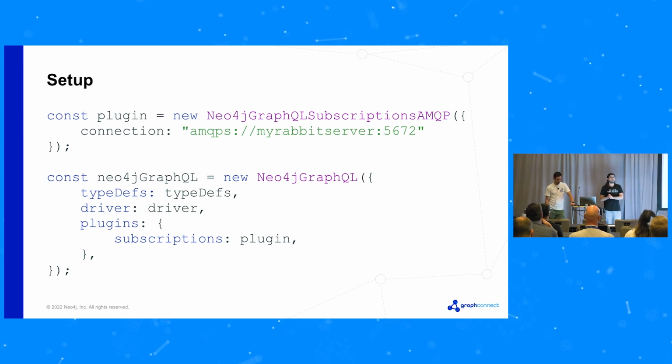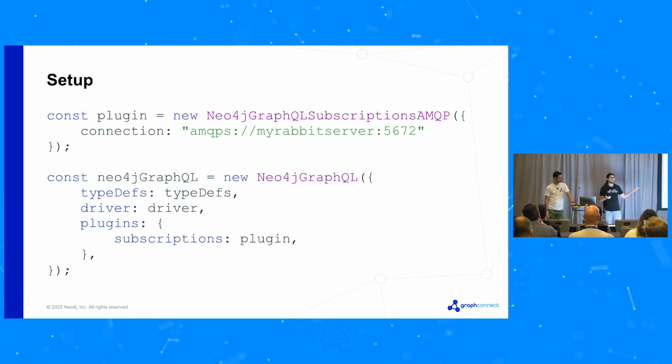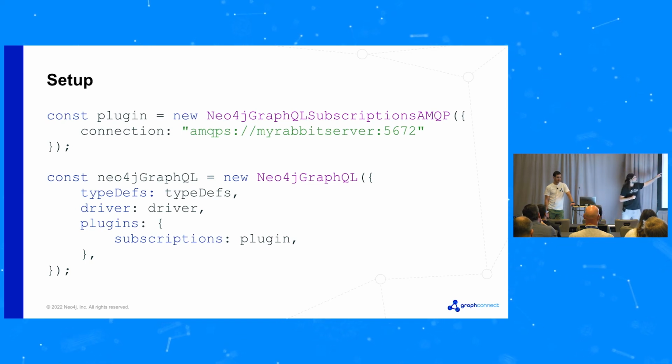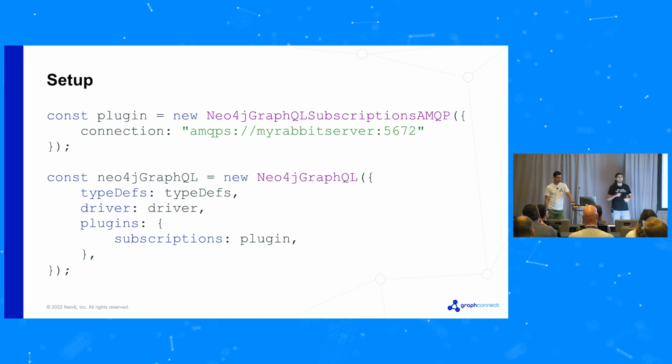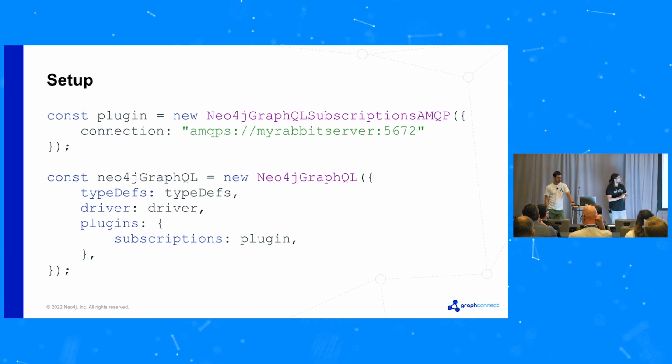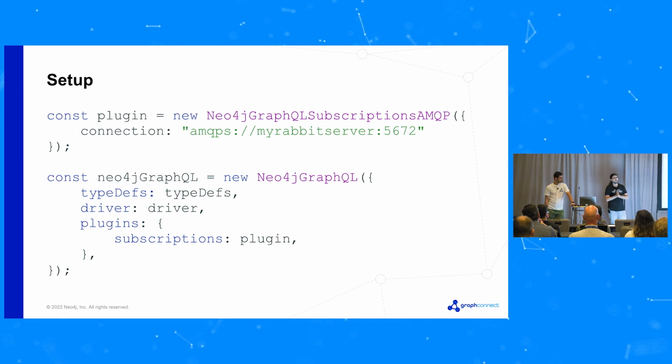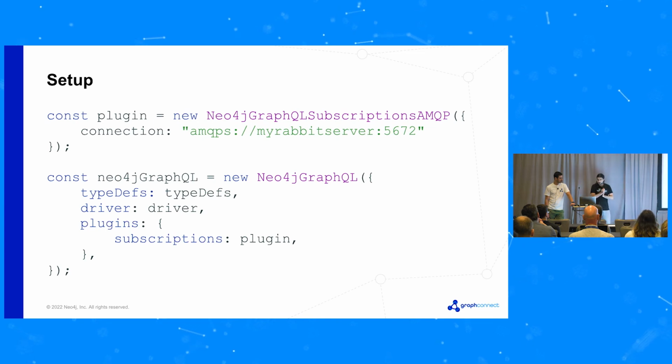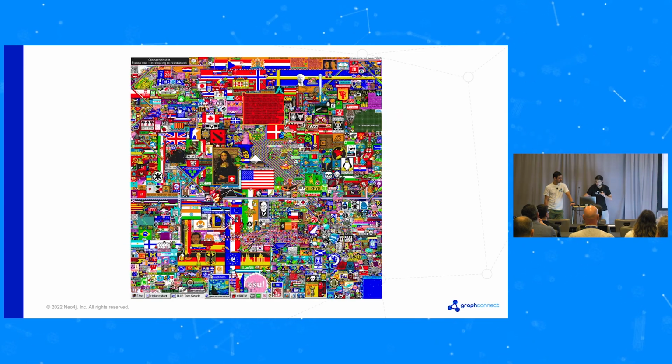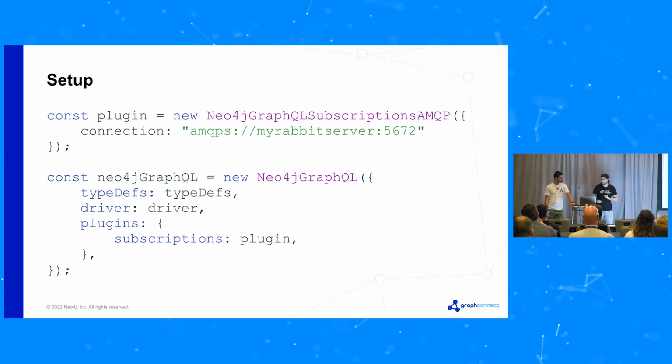For instance, with AMQP, as long as the broker is up, I think delivery is guaranteed with the setup that we had set in this plugin, with ACK and all of that. But at the end of the day, it depends mostly on the broker and the overarching architecture that you're using.